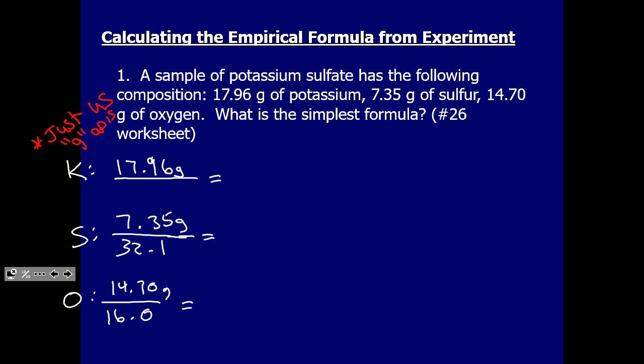Potassium is 39.1. And I do have a second example, which is another question off of the sheet. I don't think we need a second example. I think this explains what needs to be done if I give you a question that involves just grams.